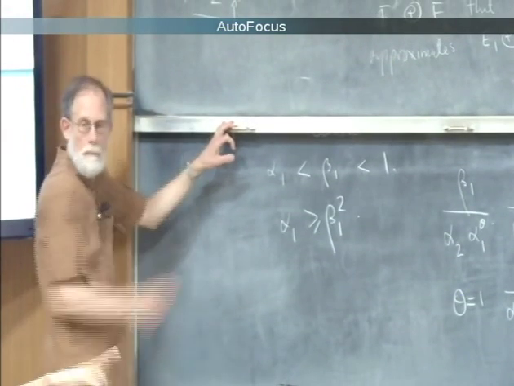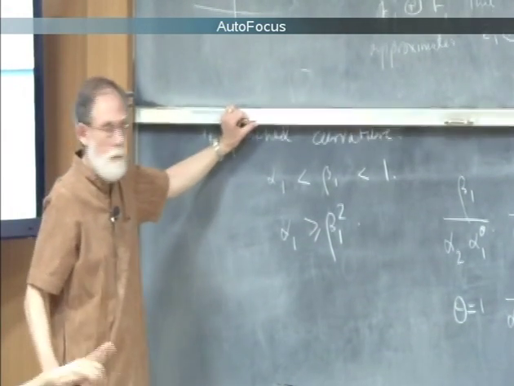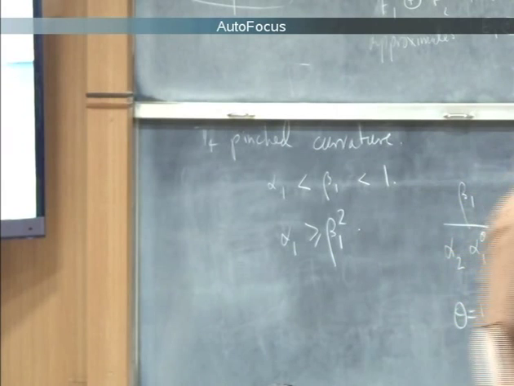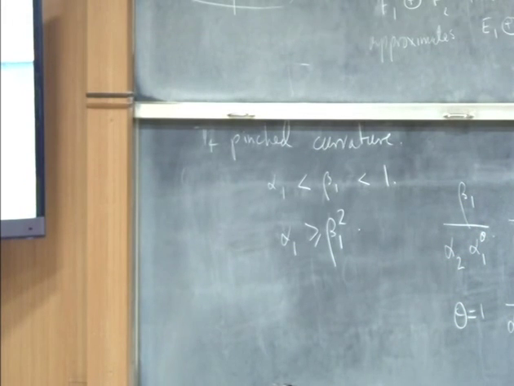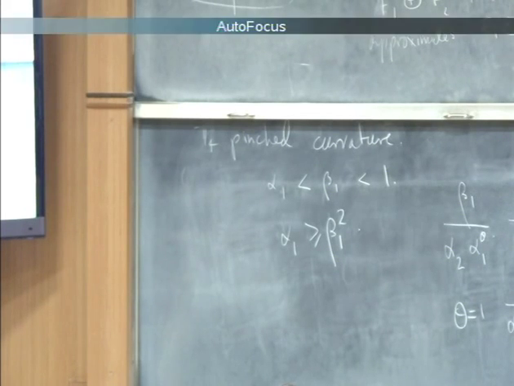But there are examples. So you're saying theta equal to 1 in those cases? Yeah, theta equal to 1, or better. So for surfaces, theta is greater than or equal to 1. And again here, greater than or equal to 1.